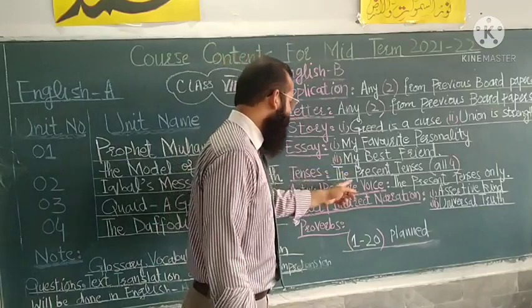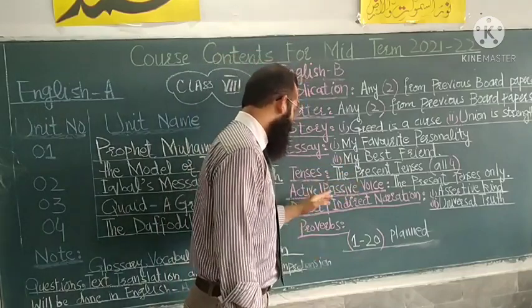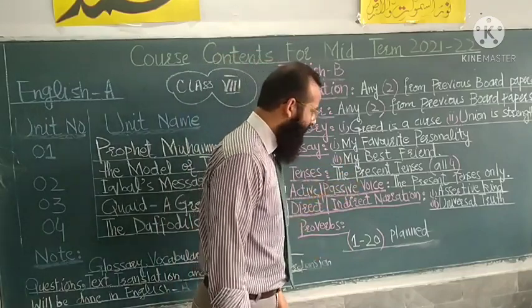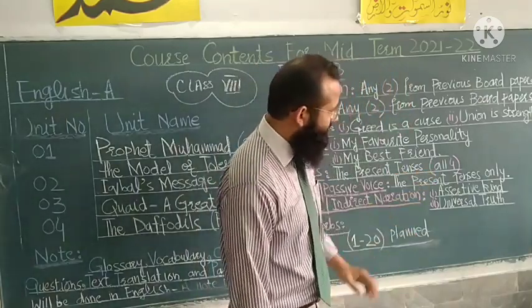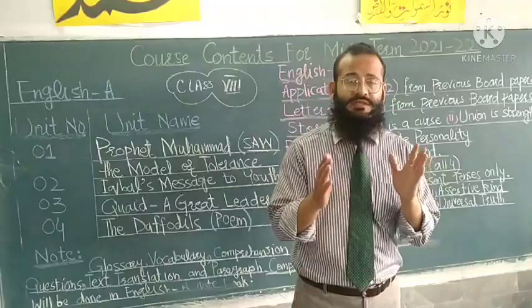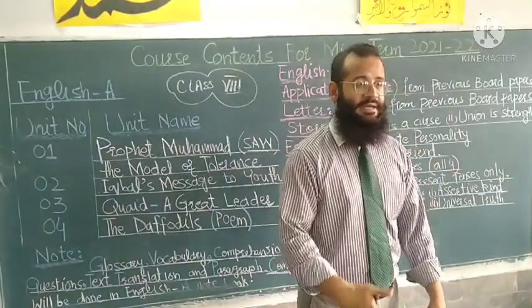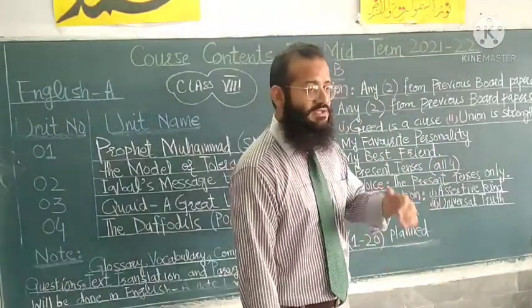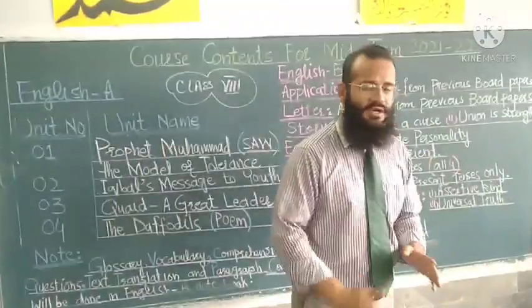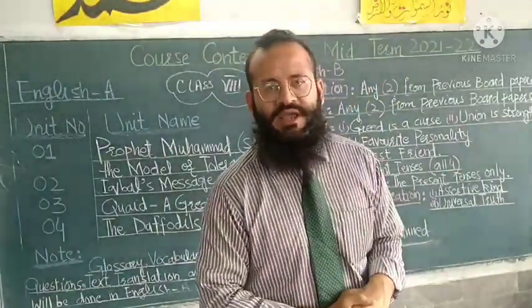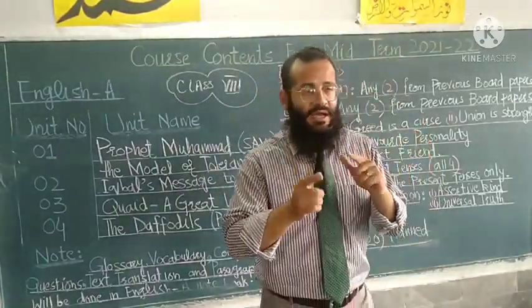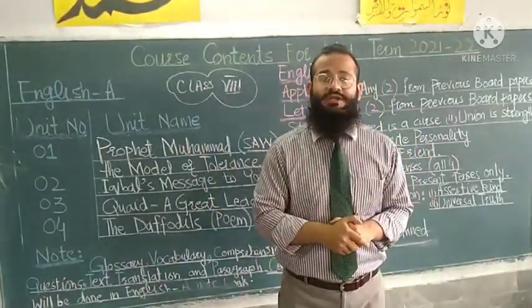Okay, after discussing the tenses, let's go to active and passive voice. In active and passive voice, we will discuss the present tenses, the present family only. In those 4 tenses, present perfect continuous tense cannot be changed into passive voice.